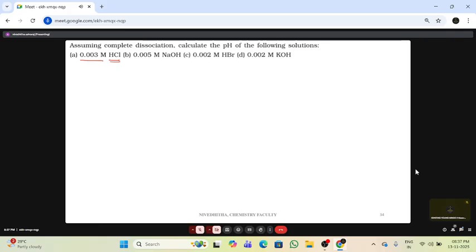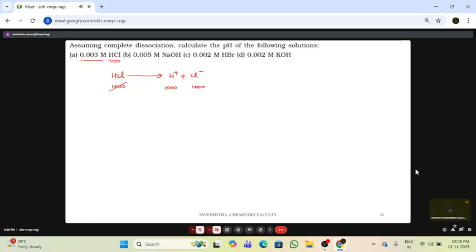As far as HCl is concerned, no issue, because after complete dissociation, it will get converted into H plus and Cl minus ions. If you take 1000 molecules of HCl, all the molecules will get dissociated, and we'll have 1000 H plus ions and 1000 Cl minus ions.